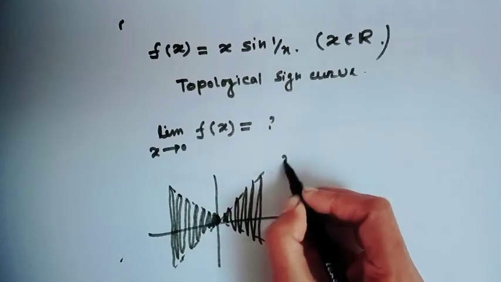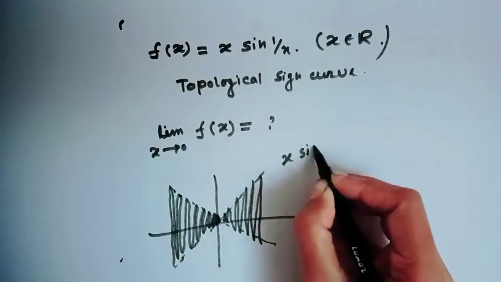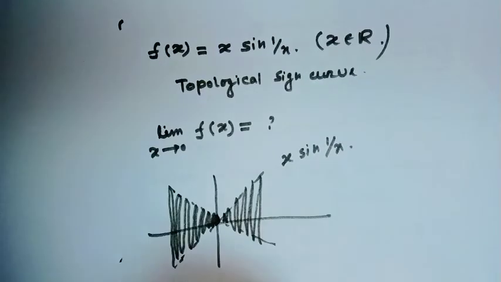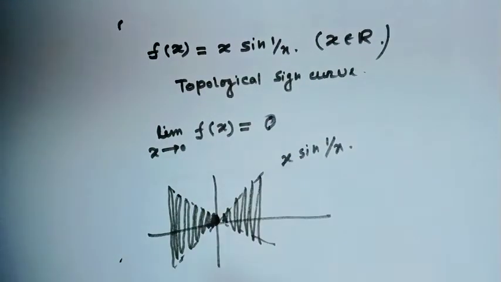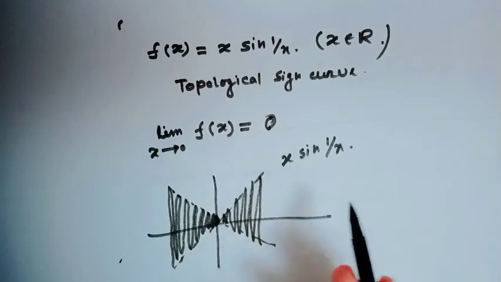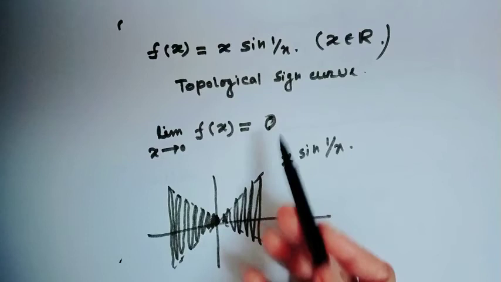This is the picture of x sin(1/x), and this value is equal to 0 because all of us know sin(1/x) varies from -1 to 1. Then this will be 0.